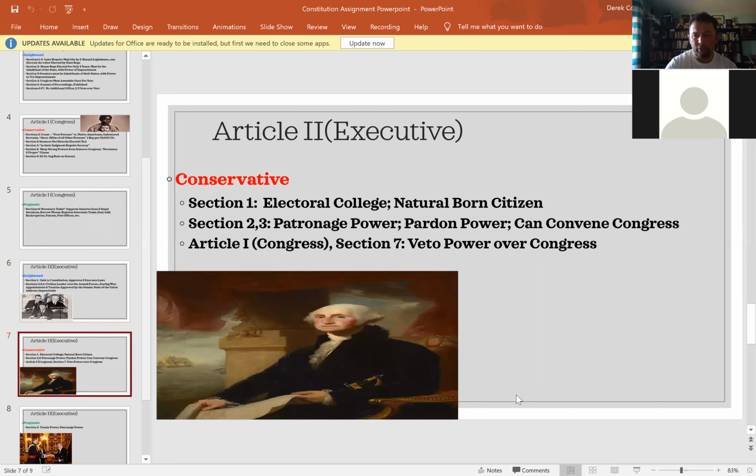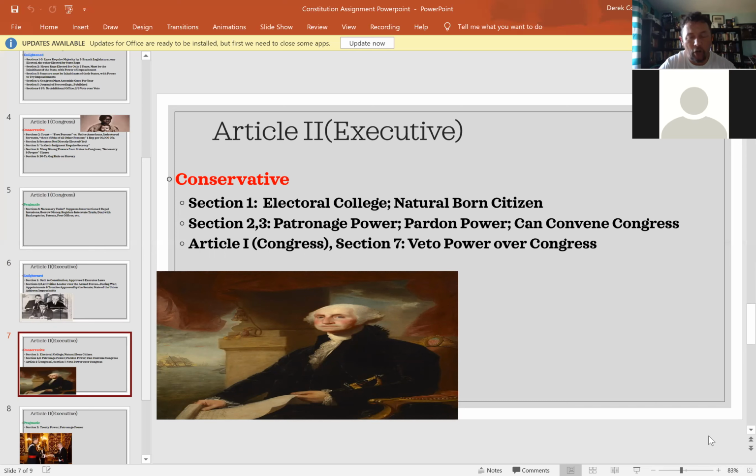All right. And then regarding the president and the executive branch, what do I find to be conservative? They're to this day not popularly elected. The president is not popularly elected. We've had cases where one presidential candidate received a majority of electoral points and another received the majority of the popular vote. And the one who received the electoral points prevailed, right?